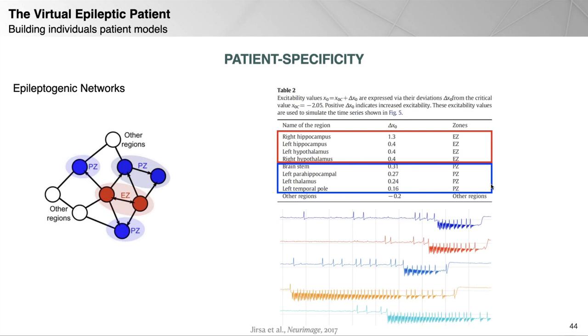From the pre-surgery information, we also know the hypothesis of the clinician about the epileptogenic network. This gives us a setting of parameters in this table here. The epileptogenic zone in red corresponds to the right hippocampus, the left hippocampus, and the left and right hypothalamus, and then the propagation zone here in blue.